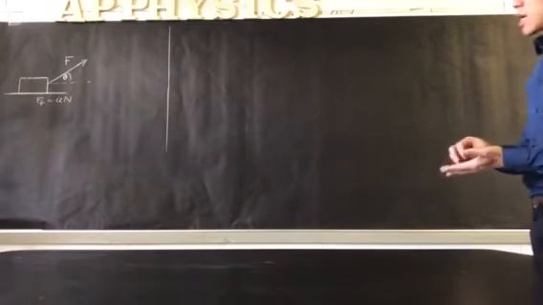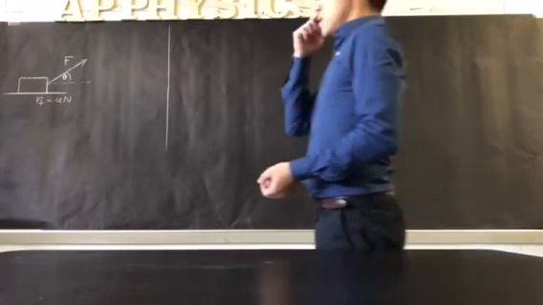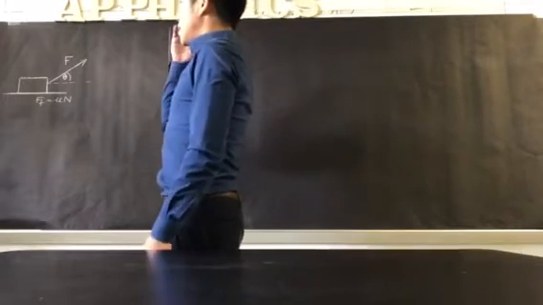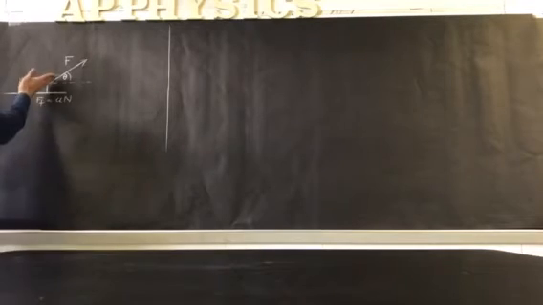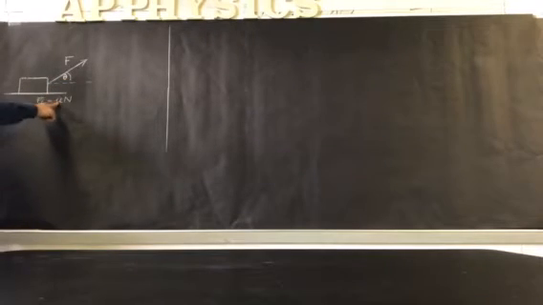This is no longer a static equilibrium situation because the force is being applied to the object at an angle. First, I'm going to draw what we have from the question: the force being pulled at an angle from the horizontal, and mu, the coefficient of friction.